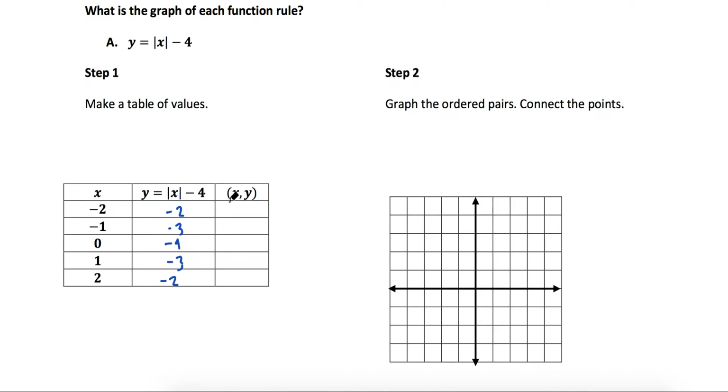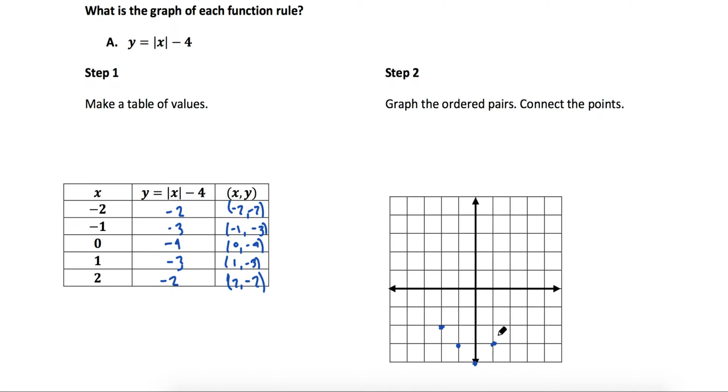So if we go ahead and plot these points, we get -2, -2, -1, -3, 0, -4, 1, -3, and 2, -2. All right. So if we go onto our graph here, our first point here, -2, -2, and then -1, -3, and then 0, -4 is looking linear, but then the next point's weird because it's 1, -3.